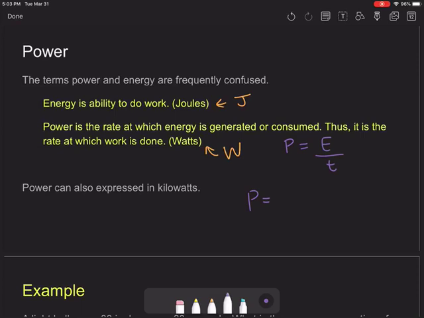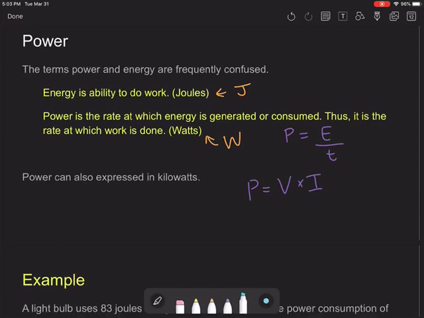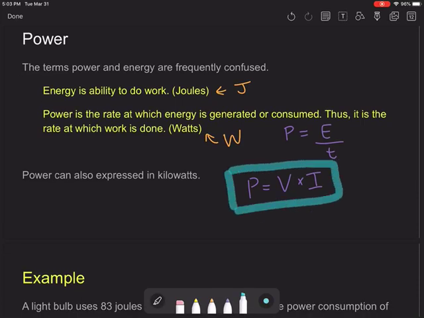So what I'm about to write down is not a formula that we're introducing in this lesson per se, but something kind of cool if you want to relate it to some of the concepts that we've already looked at. Power can also be calculated by saying, I have my voltage, or my potential difference, and I have my current. Those two things together, how big that push is and how fast it's moving around my circuit, will also give me my power.